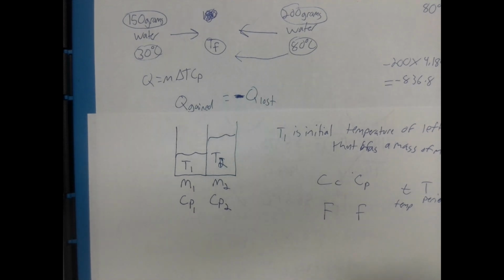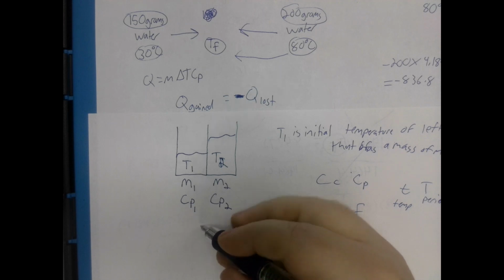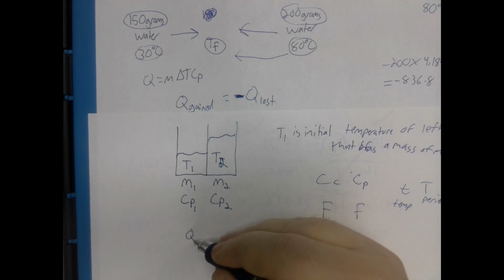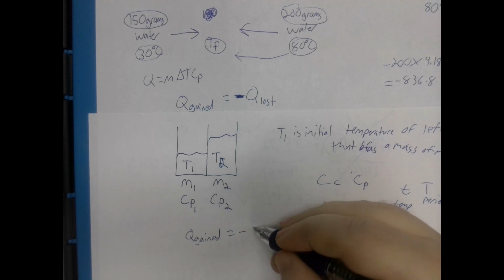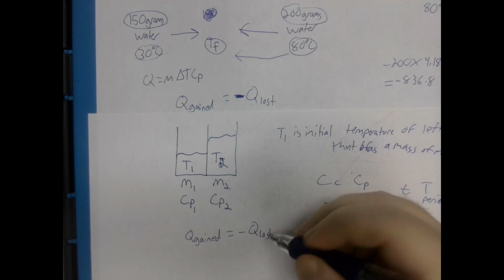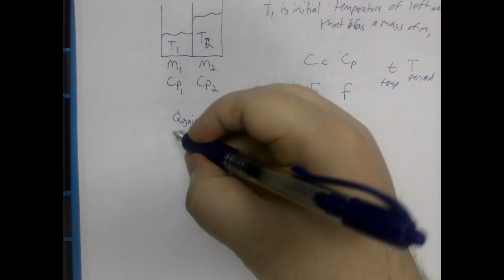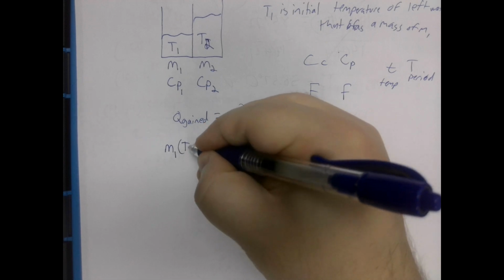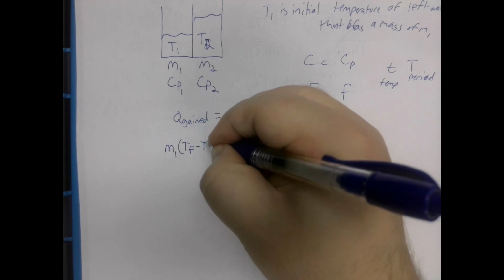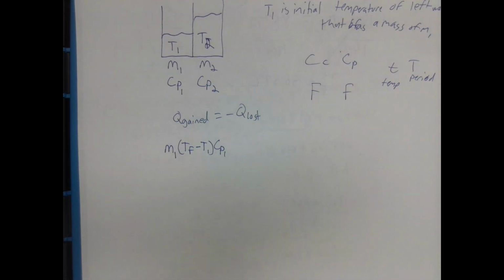So, to speed run this really quickly, I like using pure algebra. So Q gained is equal to negative Q lost. My formula for Q is mass times final temperature minus initial temperature times specific heat.